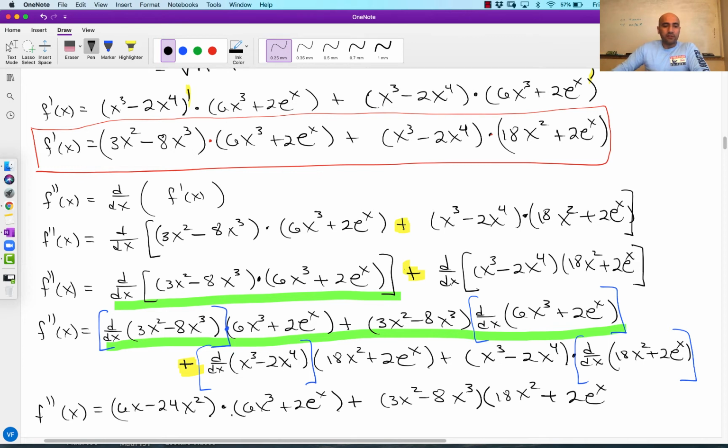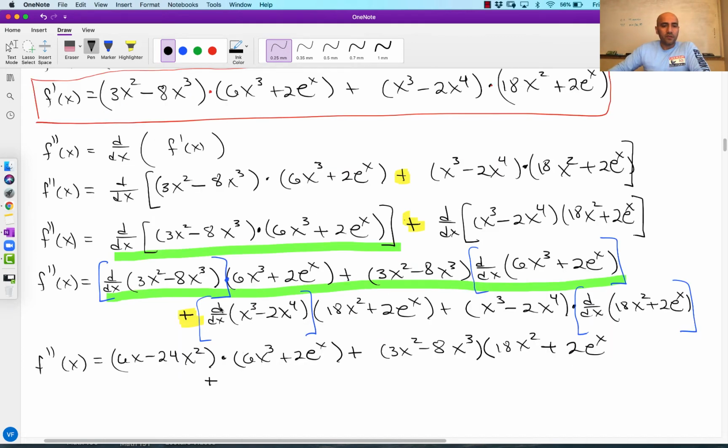Okay, and now down here, so now plus, now the derivative of this again is pretty easy. This should be 3x squared minus 8x to the third power times, leave this one alone, 18x squared plus 2e to the x, plus, and now leave this one alone, that would be x cubed minus 2x to the fourth.